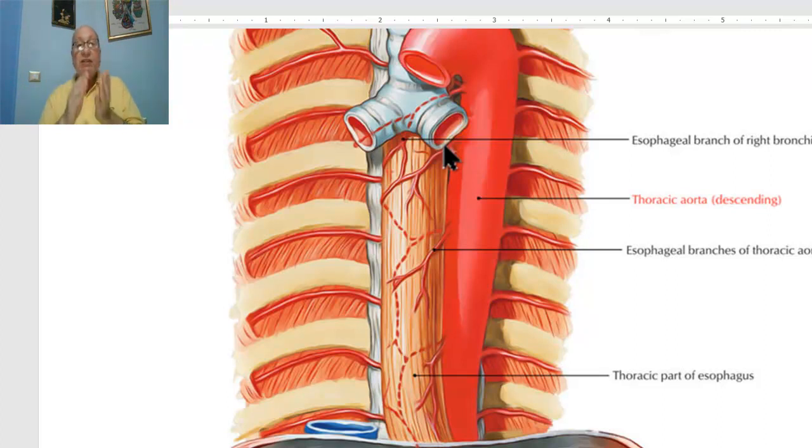Therefore, you can remember branches of descending aorta from the relations. Related to the posterior part of intercostal spaces gives the posterior intercostal. And the last one is subcostal. Gives 2 bronchial, 5 esophageal, and pericardial, mediastinal, diaphragmatic branches.